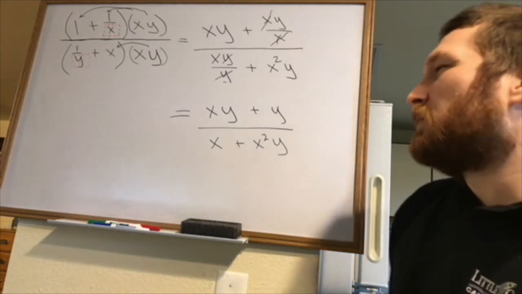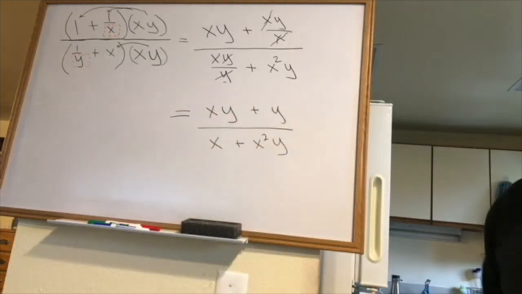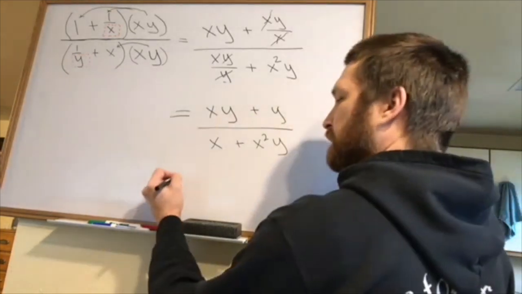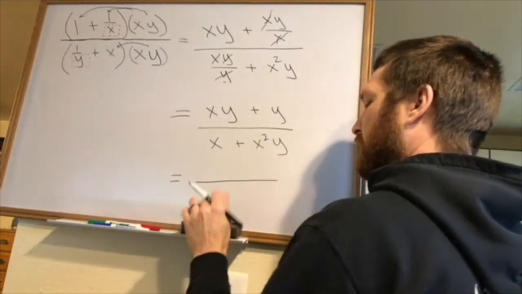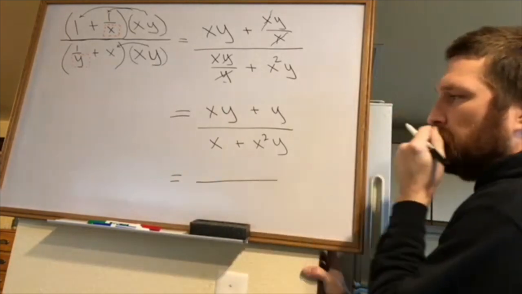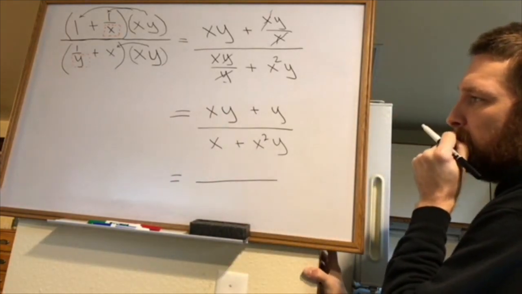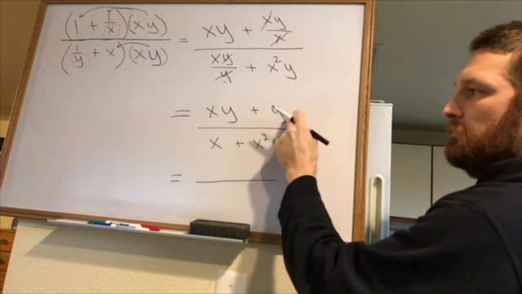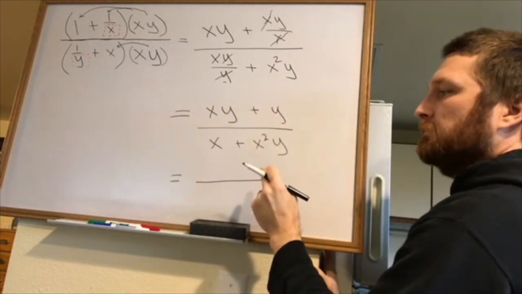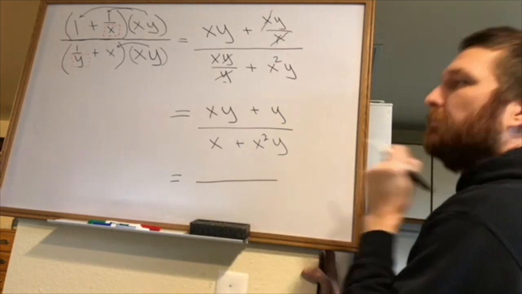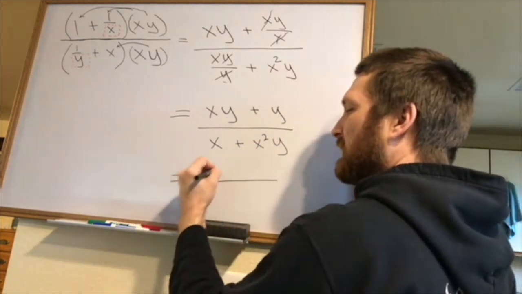I think we're almost done. In fact, I think we could factor something out. What can I factor out at the top? A y. One y could come out, leaving me what?